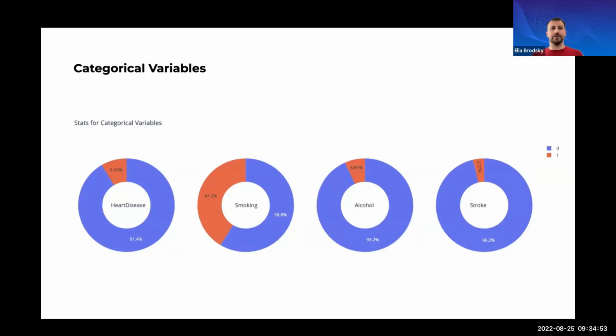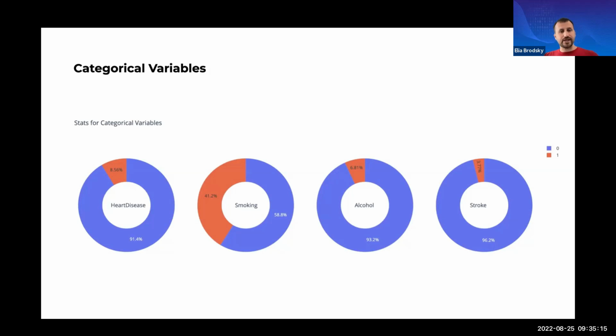How can my data be divided into groups? And what can those groups tell me about the different population members or representatives that I have here? As we mentioned, there's about 9% of people that have heart disease and about 91% of people that don't have heart disease. And that makes it an imbalanced data set.